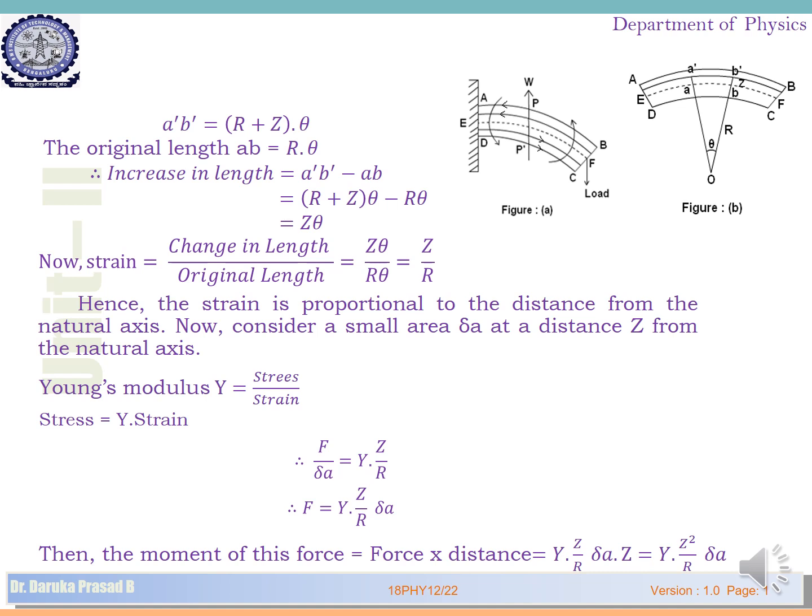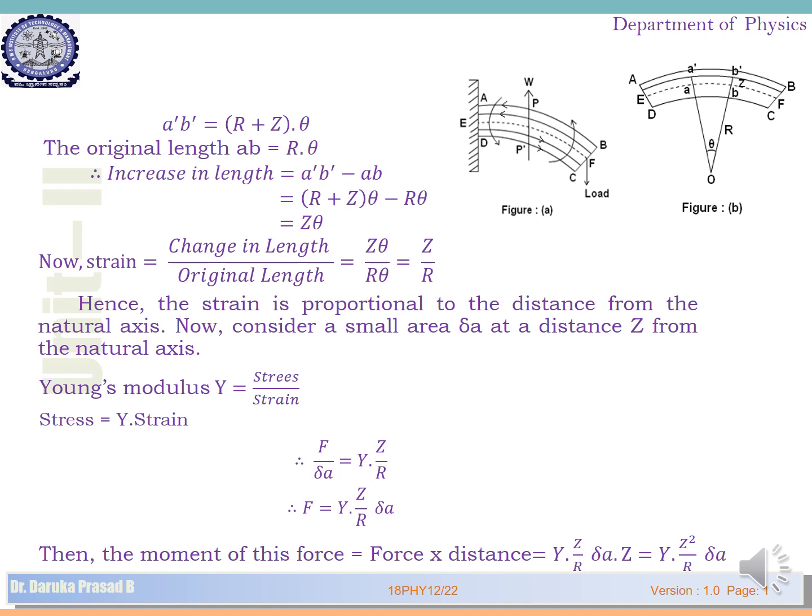Therefore, stress is equal to Young's modulus into strain. Stress is nothing but force by area. Therefore, F by delta A, where delta A is the area, is equal to Young's modulus Y into strain. Strain is Z by R from the previous expression. Therefore, you get an expression for force as Y Z delta A divided by R.